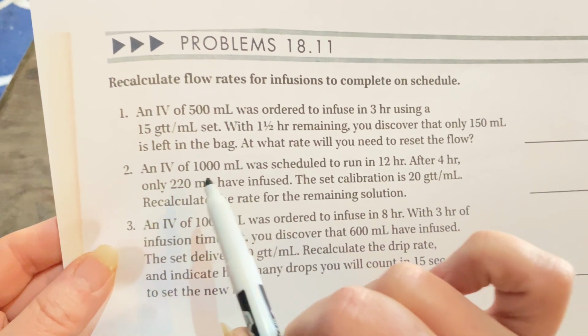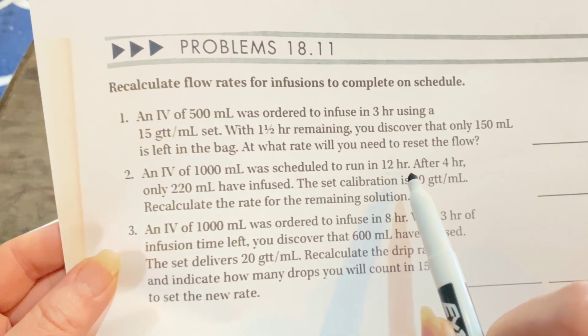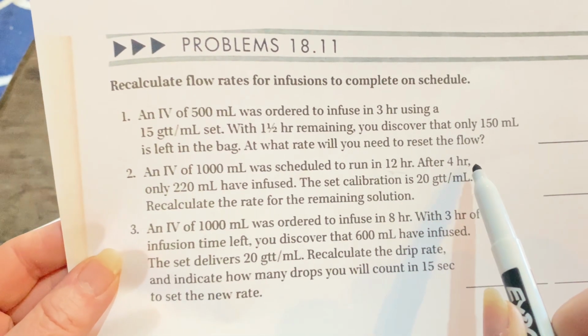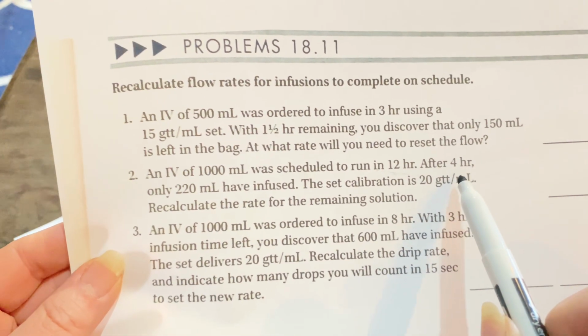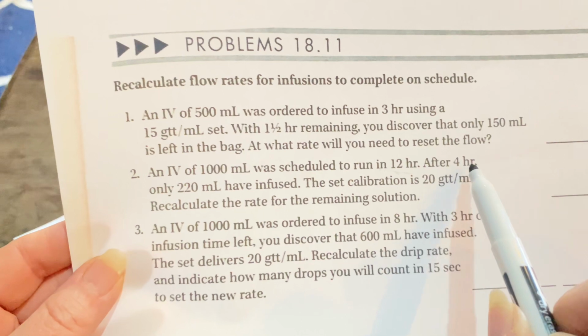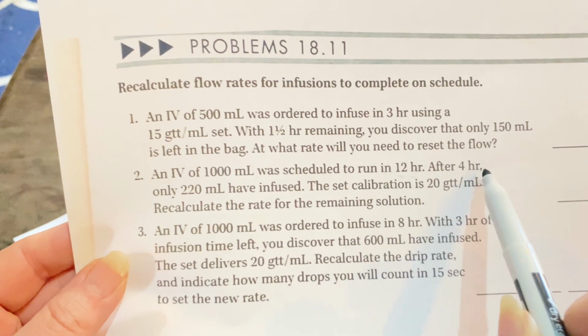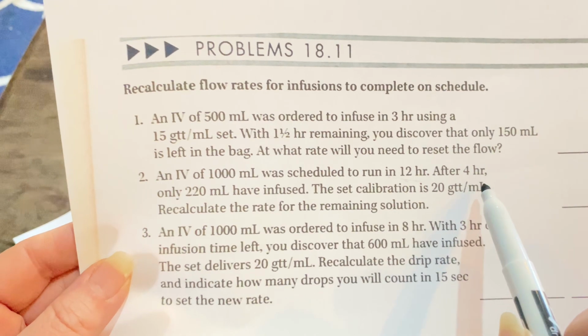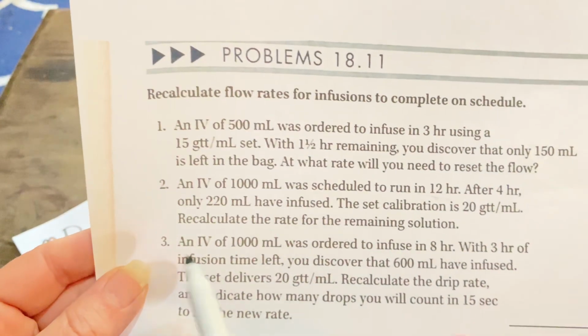So it was supposed to go over 12 hours, and this was noted after only 4 hours. So we still had 8 left to go. You get that? So we have 8 hours left.